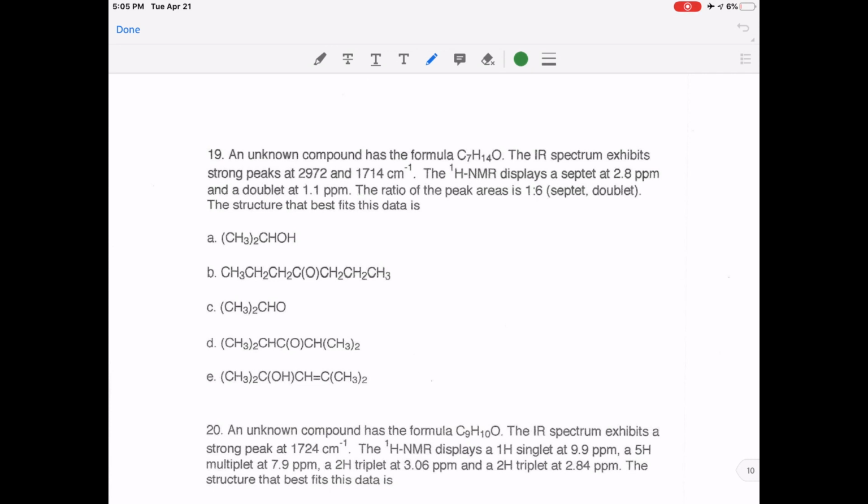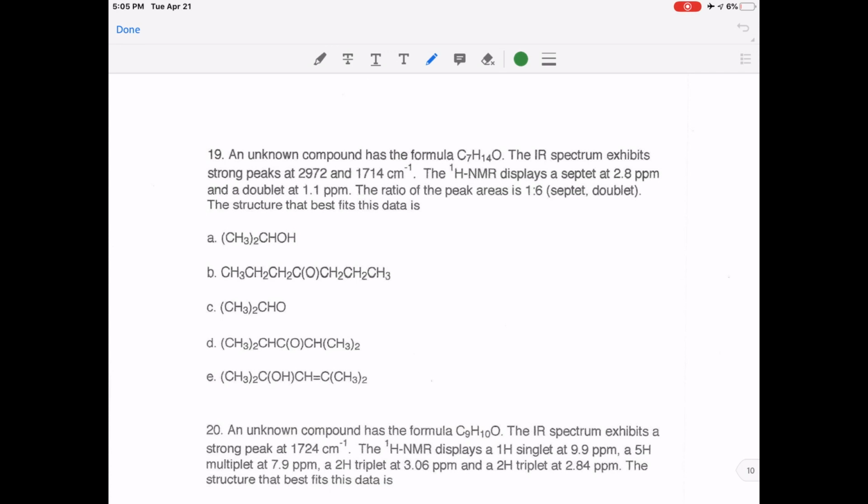So the first thing that we have to do is examine the IR data, and this will give us some hints about the structure of the compound. It says that the IR spectrum exhibits strong peaks at 2,972 and 1,714 inverse centimeters, or the wave number.